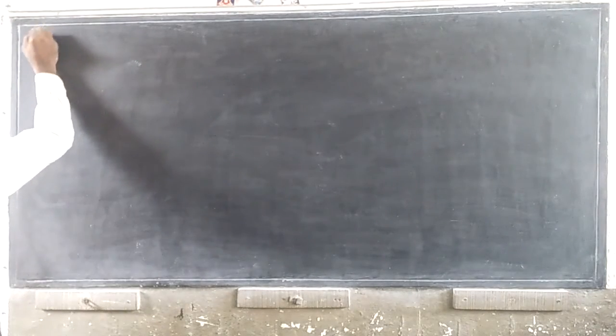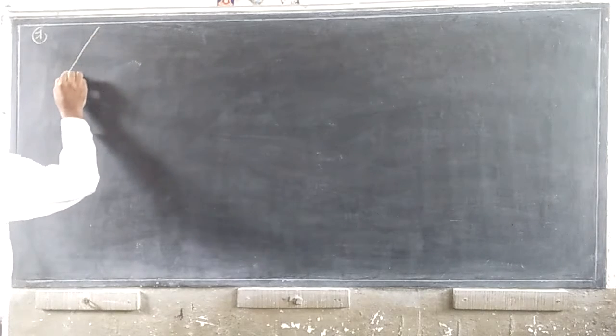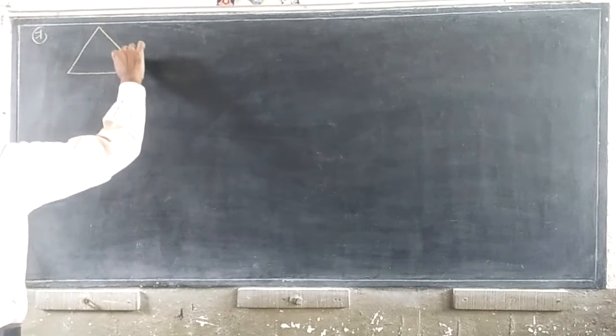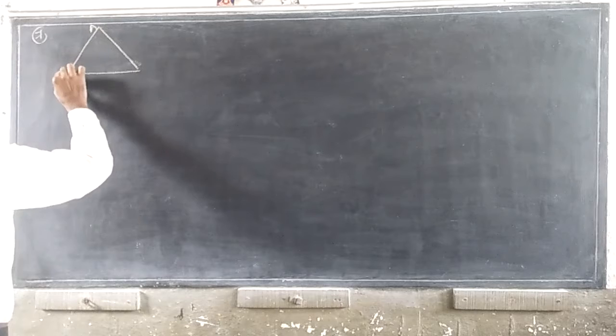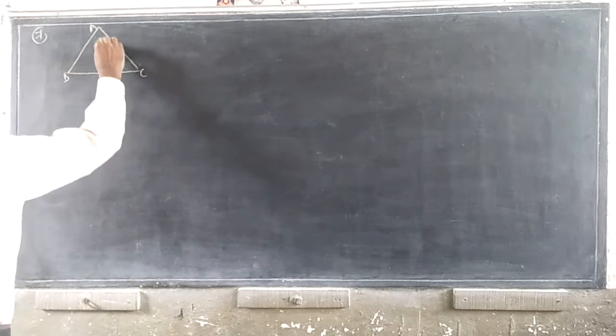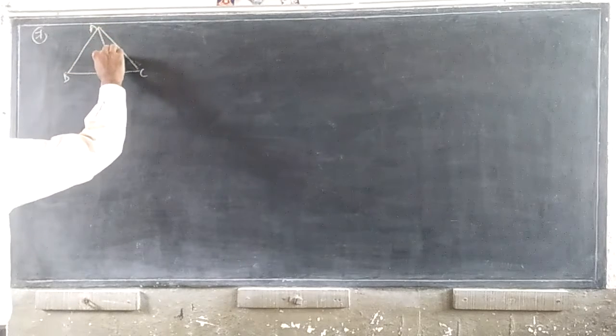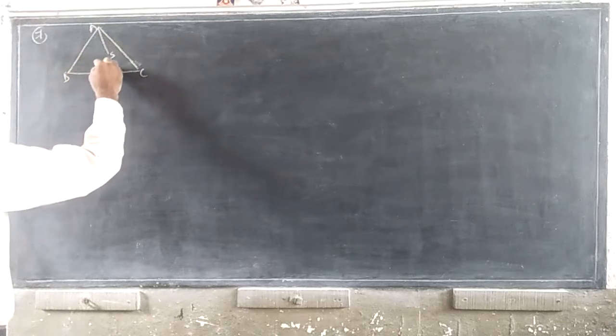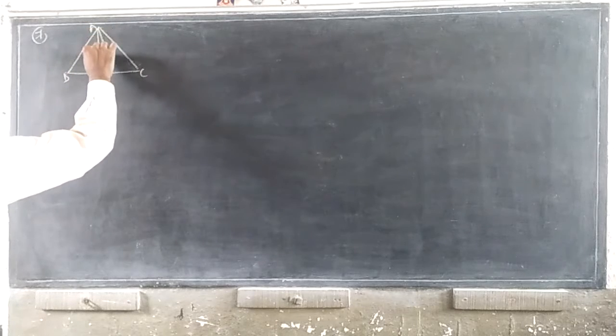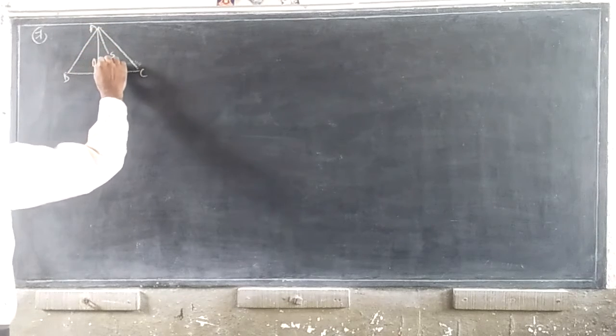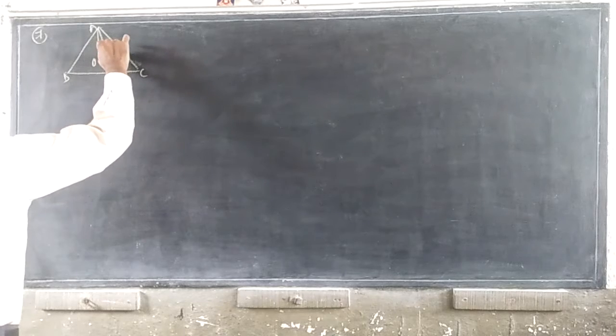Next, 7th synopsis for triangle. Let this is A, this is B, this is C. This is S, circumcenter. This is O, orthocenter. Like this.